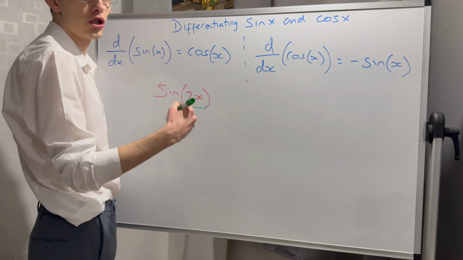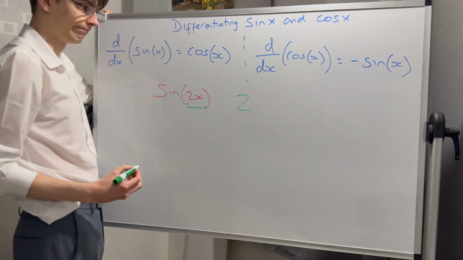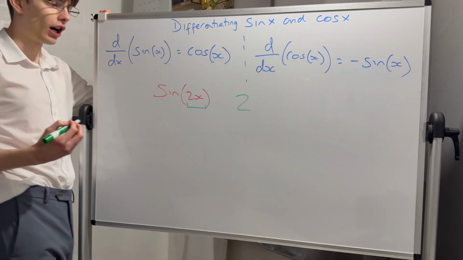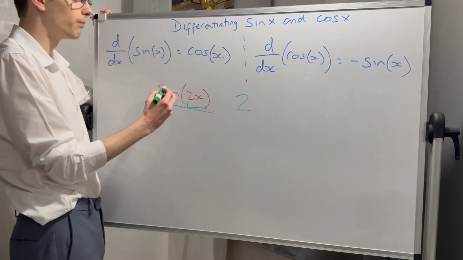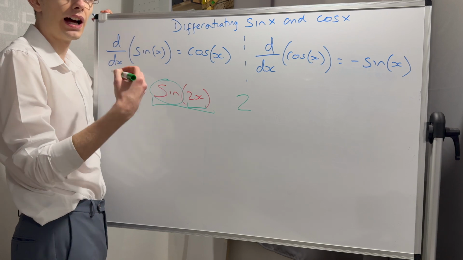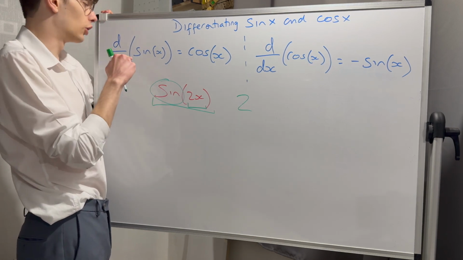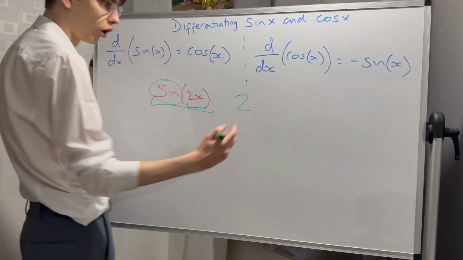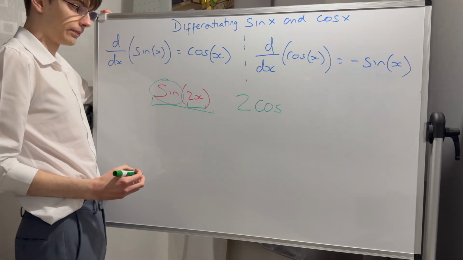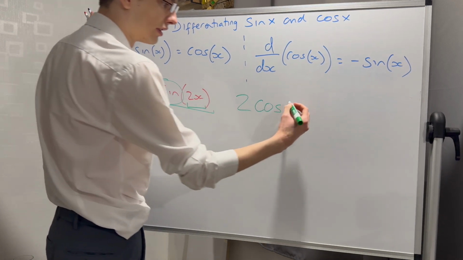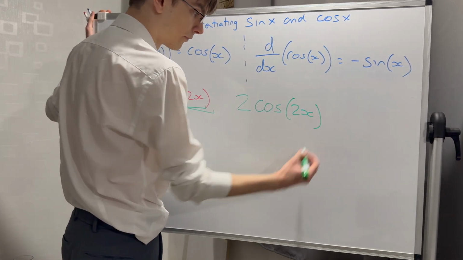And if I differentiate 2x, I just get 2. And then I'm going to take the entire function, or the key bit is the sine, and differentiate that. And we know that sine differentiates to cos, so I'm just left with cos. The argument stays the same.